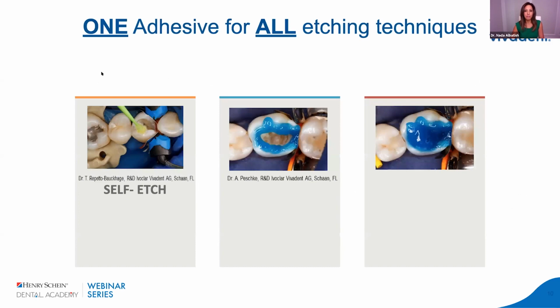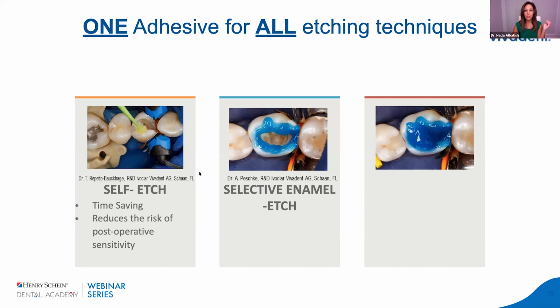So this is one adhesive that you can use for all your etching techniques. So self-etch, because actually it has a self-etchant in it. You can do selective etching, which really just means you etch the enamel first, and then you can either apply your 37% phosphoric acid etch to the dentin a little bit later, or you can just use the self-etch in that adhesive for etching the dentin.